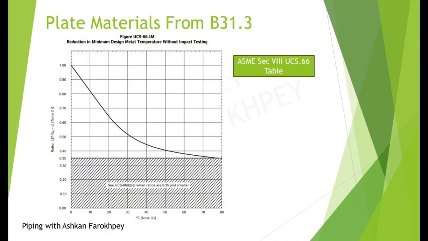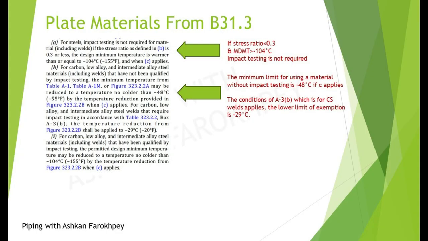The next note, which is note H, tells us 2 important points. First, it tells us that if you want to use the exemption curve, the lower acceptable limit of using a material without impact testing is minus 48 degrees.